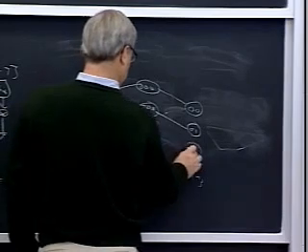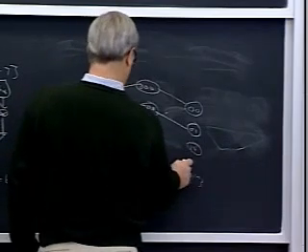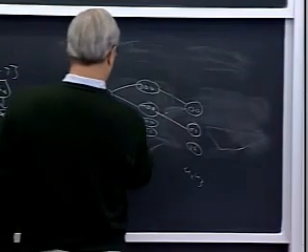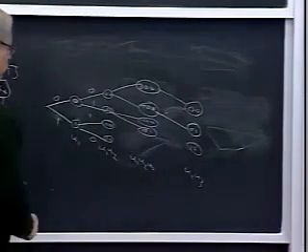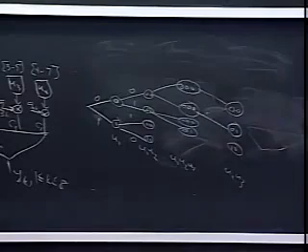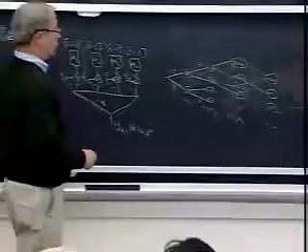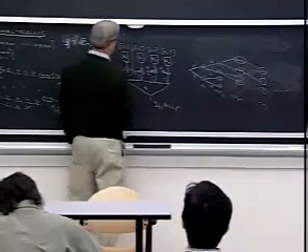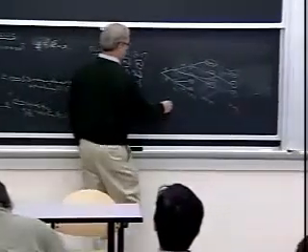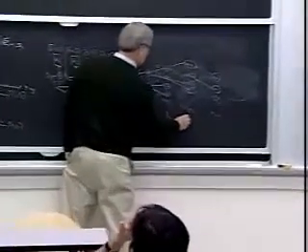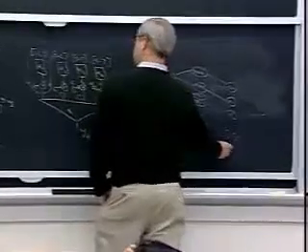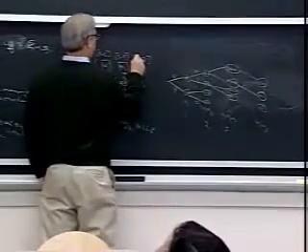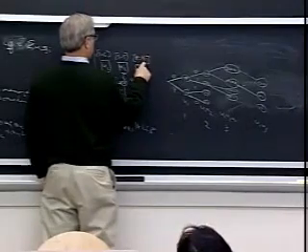U2 equals 1. I guess, now these can't cross. No, this is state time. State time 1, 2, 3. U4 hasn't started yet. So I'm sorry, this is 5 through 7.